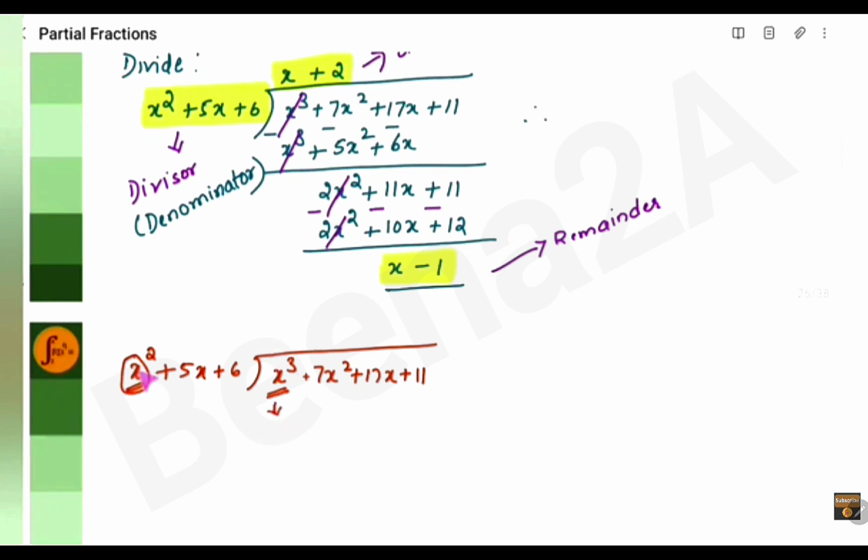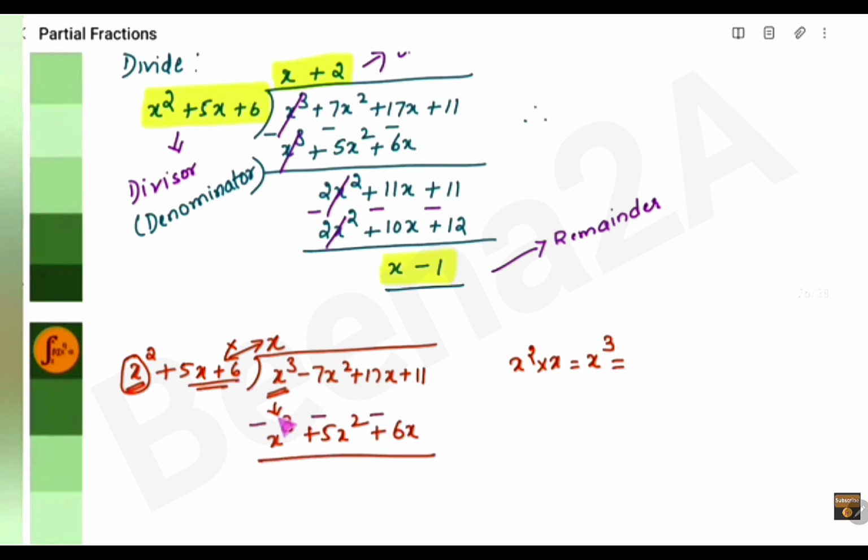If I multiply x square with x, I'll get x cube, correct? So I'll put x here and then multiply. x square into x is x cube. Now I'll take the remaining terms and multiply with this. So 5x into x is 5x square. 6 into x is 6x. Let me subtract everything.